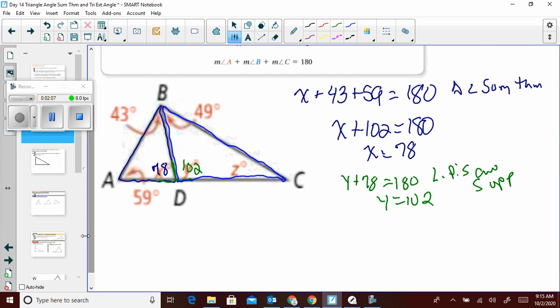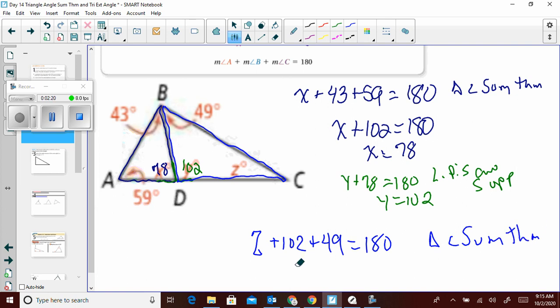That triangle has z plus 102 plus 49 is 180 by the triangle angle sum theorem. z plus 151 is 180, so z is 29 degrees.